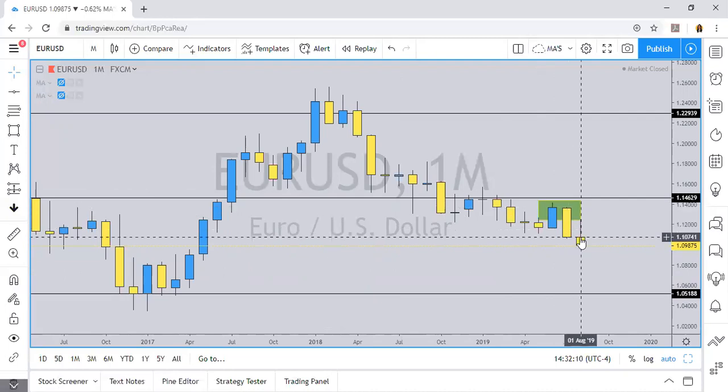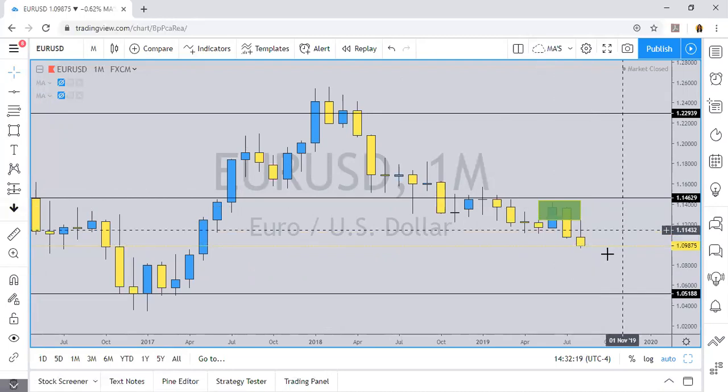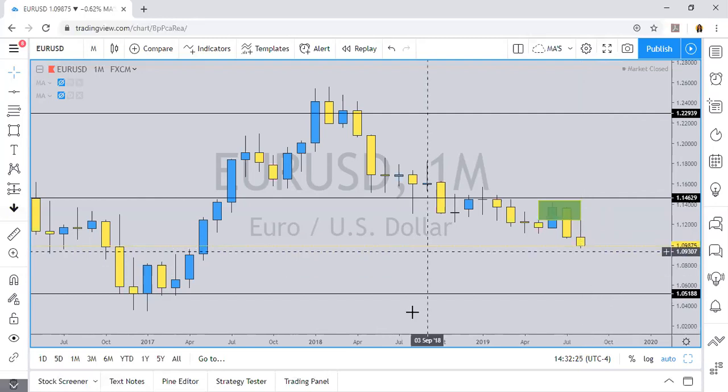This candle here actually retested this candle. And as we can see here, of course, it's August 31st, so this is the last day of the month. Of course, the market is actually closed because it's a Saturday, so I'll be waiting for the new candlestick to actually form.